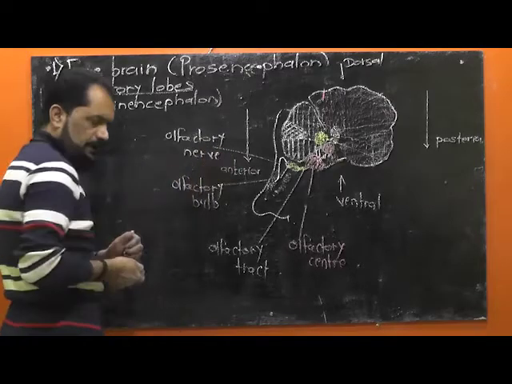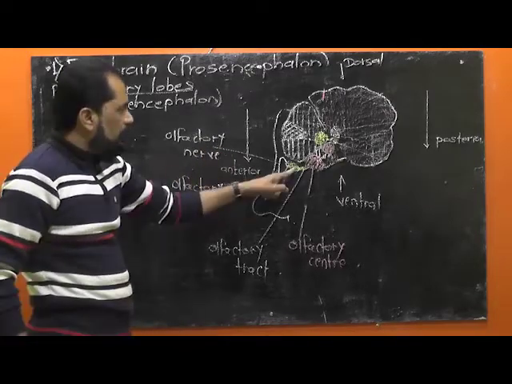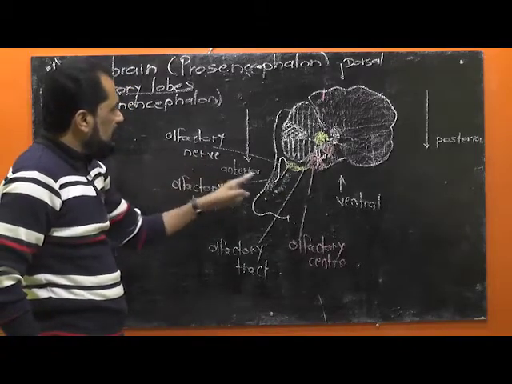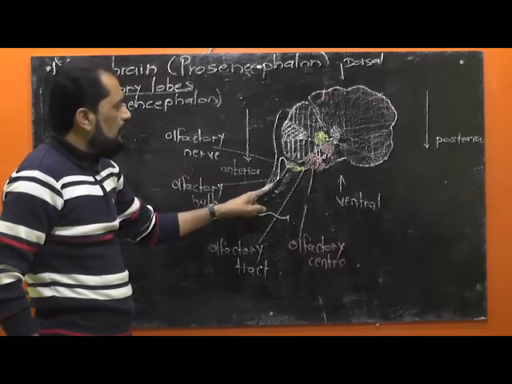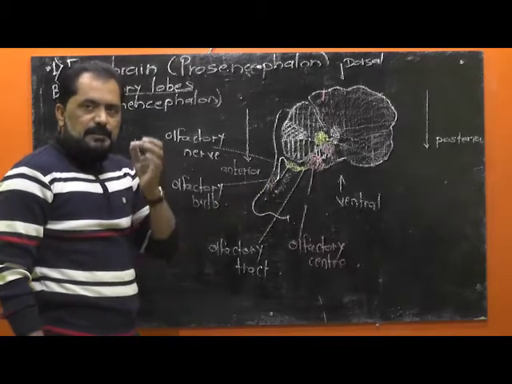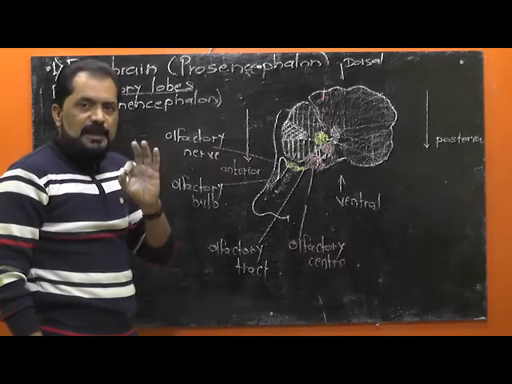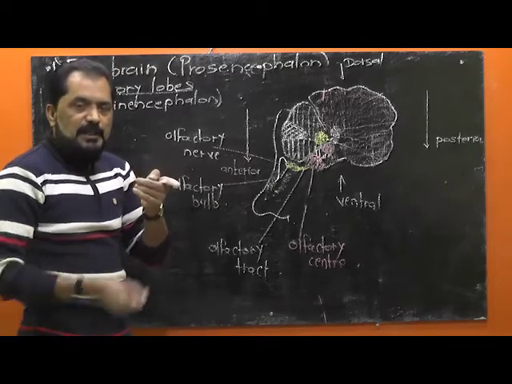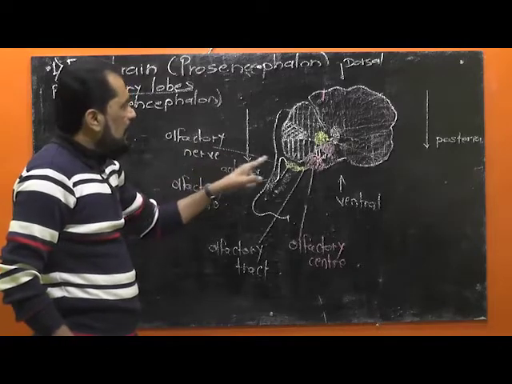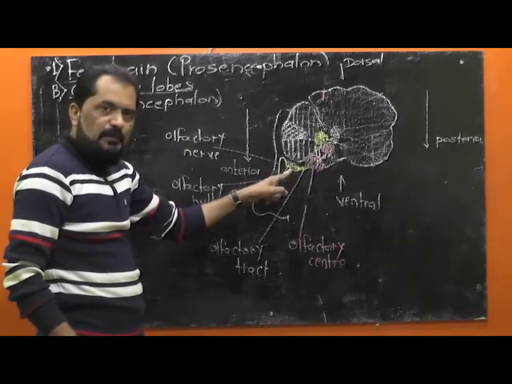So I said that the olfactory bulb receives the olfactory nerve coming from the nasal mucosa. It means that the stimulus of smell, the sense of smell, is carried by the olfactory nerve up to the olfactory bulb.